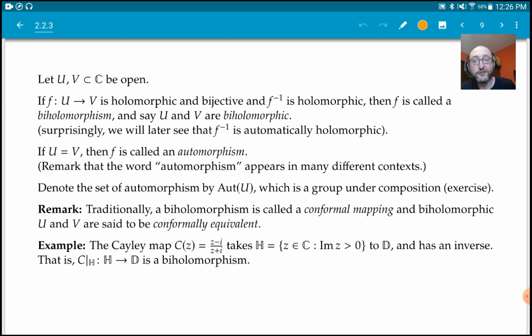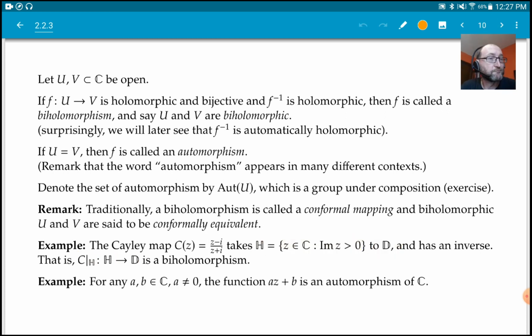All right. So as an example, for example, the Cayley map, that takes the upper half plane to the disk and is invertible, right? The inverse is also an LFT, right? So it's a holomorphic function with a holomorphic inverse. So this C, if I restrict it to H, is a biholomorphism, right?